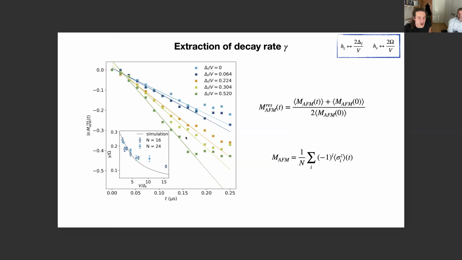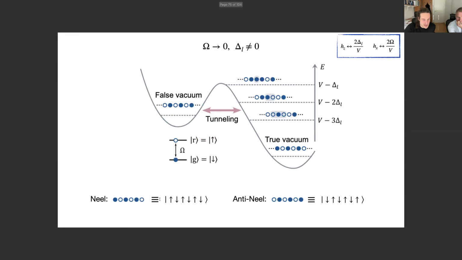They study this quench protocol on a logarithmic scale, they perform the fit, and they extract the decay rate. What's interesting is that here they are doing the quench for a certain value of the Rabi frequency, which is like the transverse field, but they are starting from the Néel state, so essentially exactly from this fully polarized state.